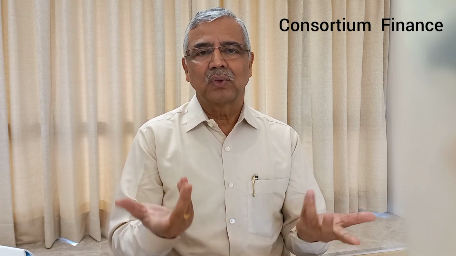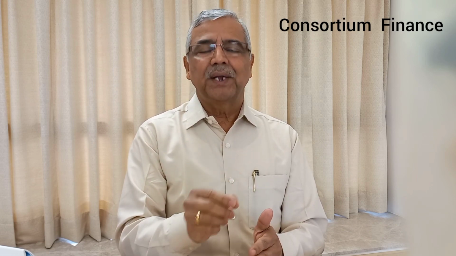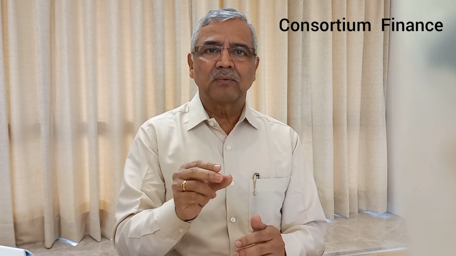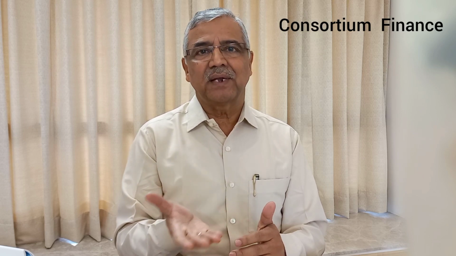In order to summarize the difference in the two, in multiple banking, each bank independently finances me. In case of consortium financing, all these banks come together and then they finance. In multiple banking, the amount of loan is naturally limited.